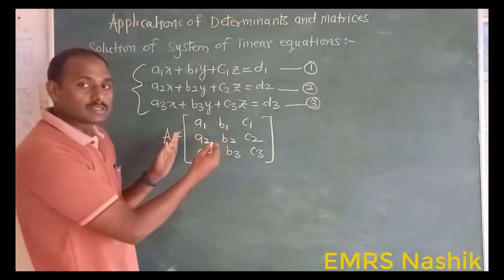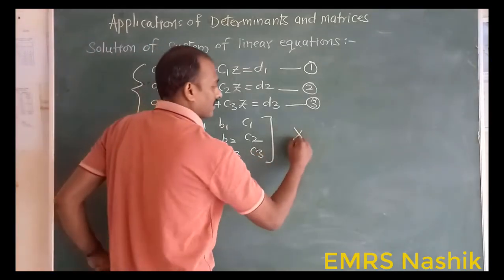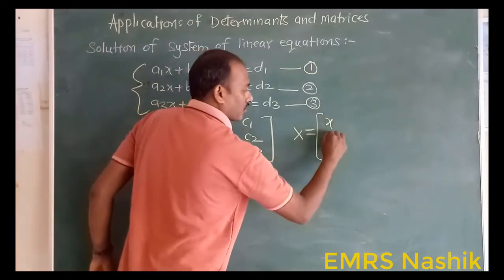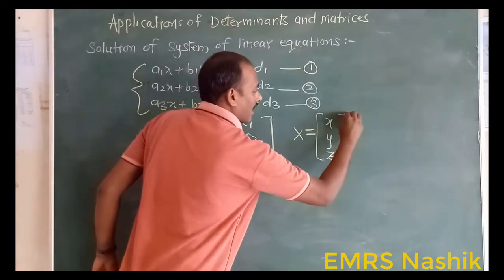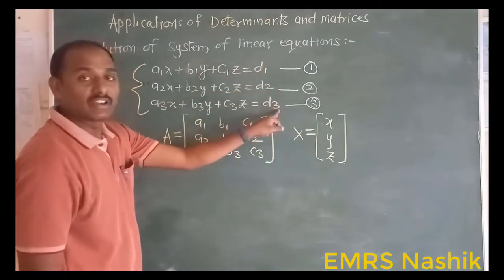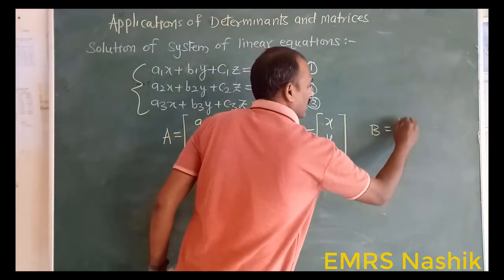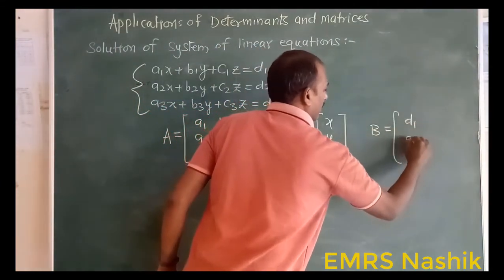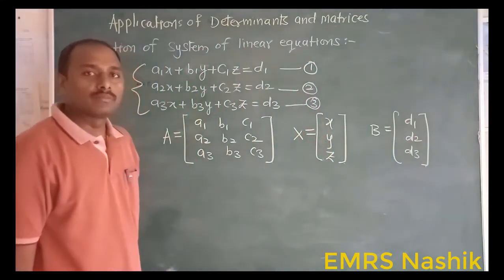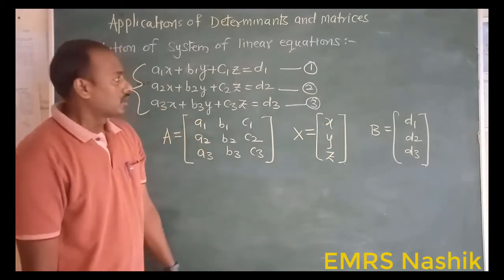Now there are three variables in this system, so I will write them in column form as x, y, z, and now the constants d1, d2 and d3 are written as matrix B is equal to d1, d2 and d3. So this system has been written in the form of matrices.